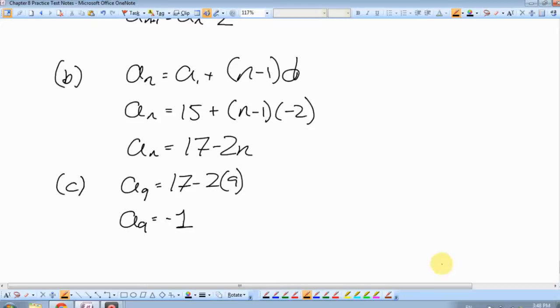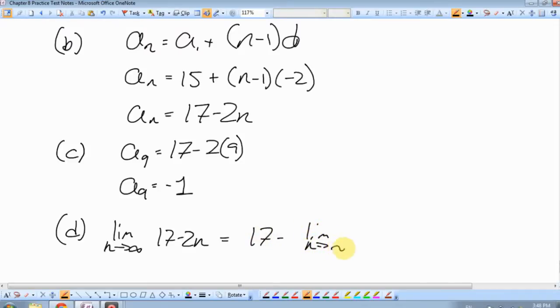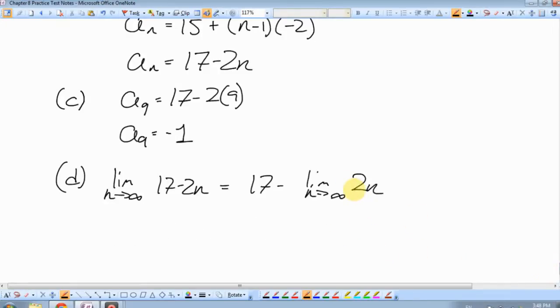D. Does the sequence converge? See, the limit as n approaches infinity of 17 minus 2n is equal to 17 minus the limit as n approaches infinity of 2n. What is this limit?